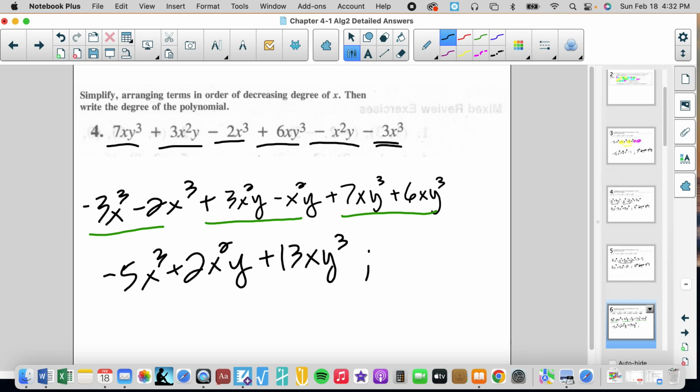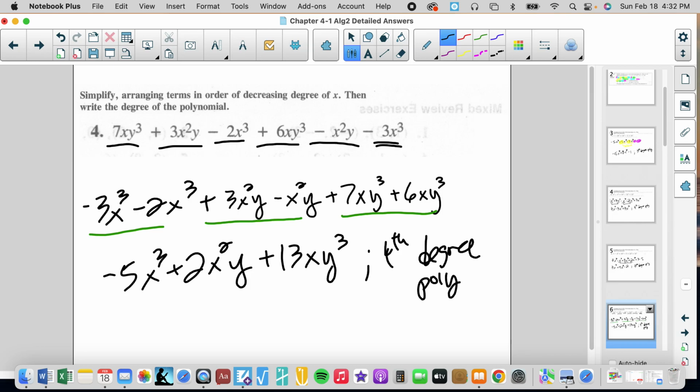Now that's interesting because that's my biggest polynomial. We have 3 and 1 there, so that's why I said fourth. So this is considered a fourth degree polynomial.